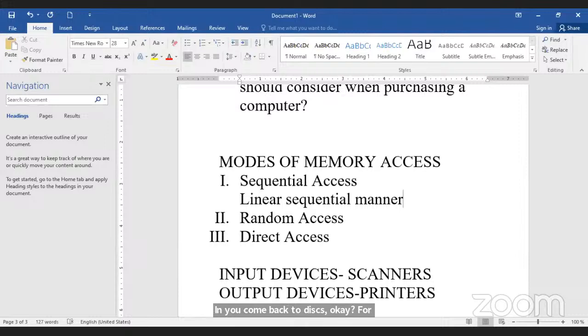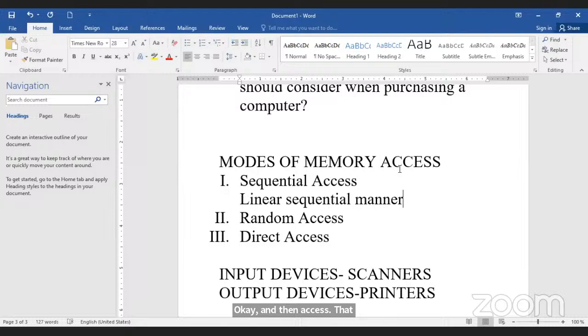For you to access a particular song, you need to move from one to another. When you put the compact disc in the compact player, for you to access a particular song, you will be forced to move from one song to another, to the next. You press next, forward, reverse, forward, until you access that particular song.